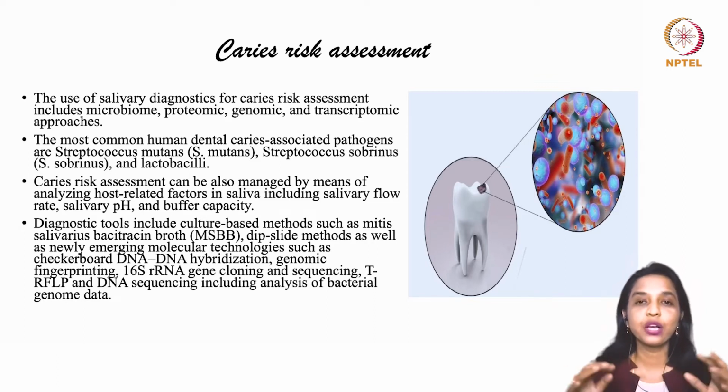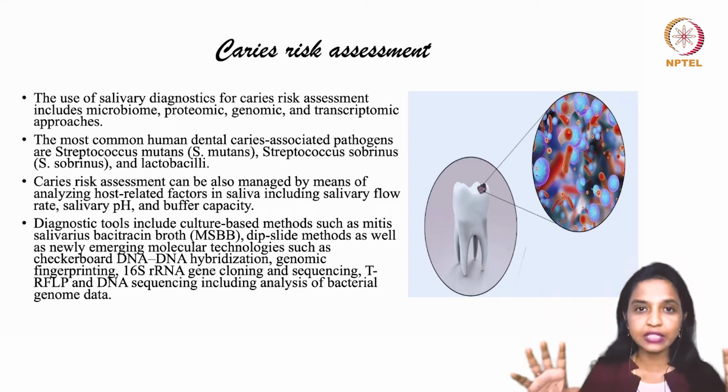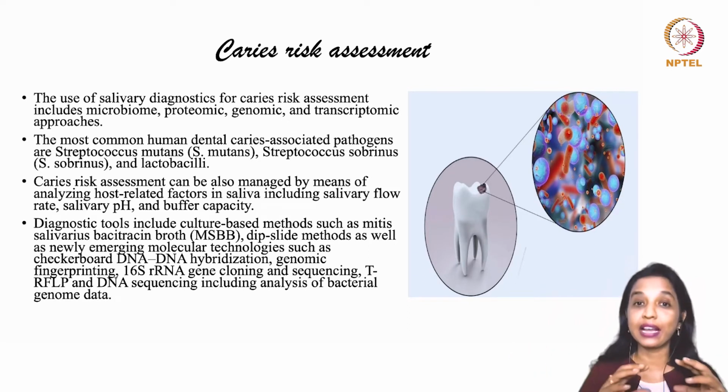So we have to decipher it in varied components, like assessing the etiological factors. The microbiome can be assessed, the microbial factors, or the proteomic signatures, the genome part of it, and the transcriptome part of it. So any of these can be used to assess the caries risk, so that we can derive very effective preventive programs.